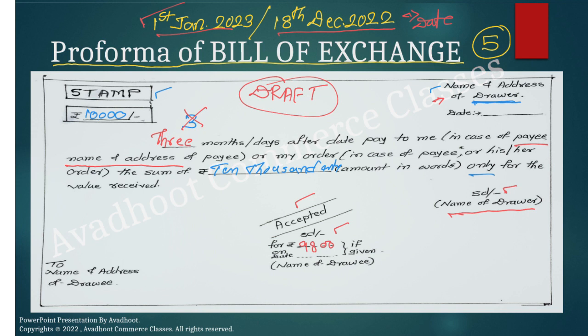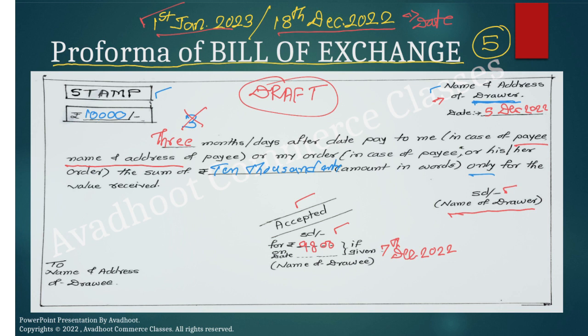Or suppose the date given is 5th December 2022, and he accepted the bill on, suppose, 7th December 2022. Then he has to put 7th December 2022, because the period of 3 months will start not from 5th December but from 7th December. That is most important. Whenever he writes this type of condition, it is a conditional acceptance. This is the accepted signature.